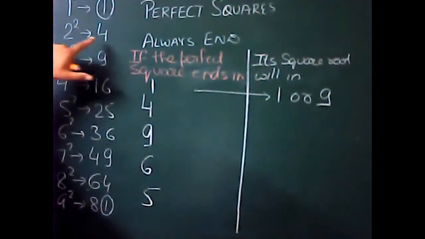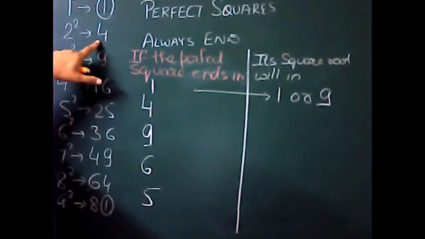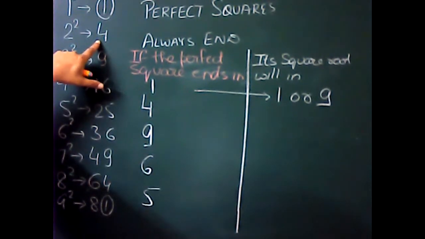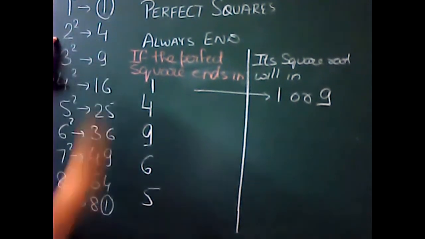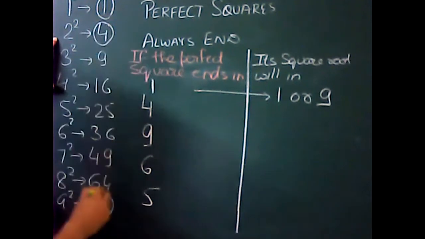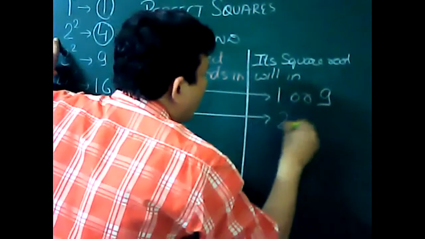Similarly, if the perfect square ends in 4, its square root will end in 2 or 8. Very nice.